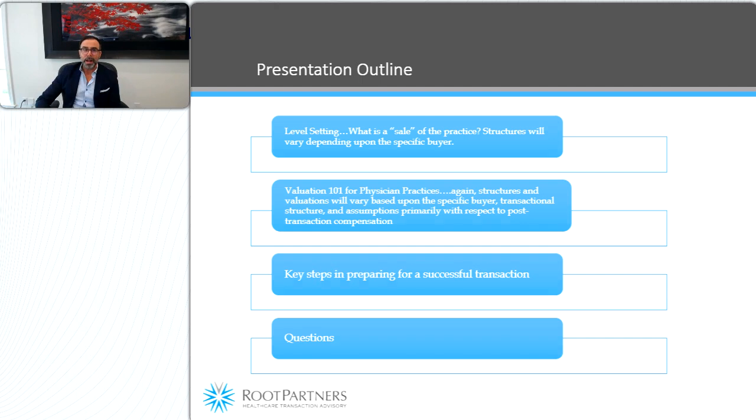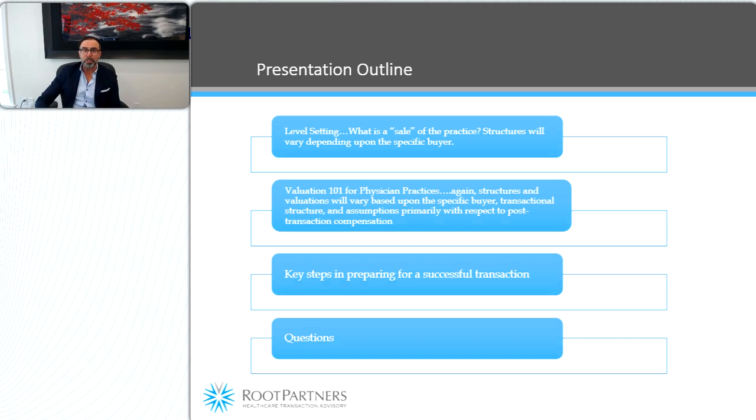So we're going to go through some of that, and we have some numerical examples that we'll walk through, and Ragini will be providing some input as to some of the legal hurdles and issues that you should be aware of. We're going to talk about valuation as well.